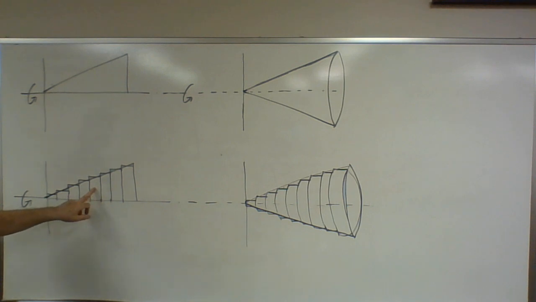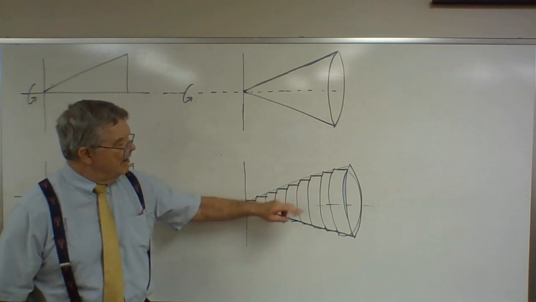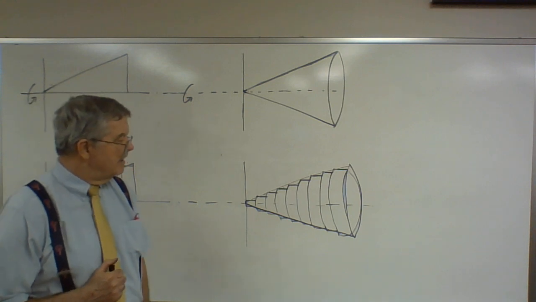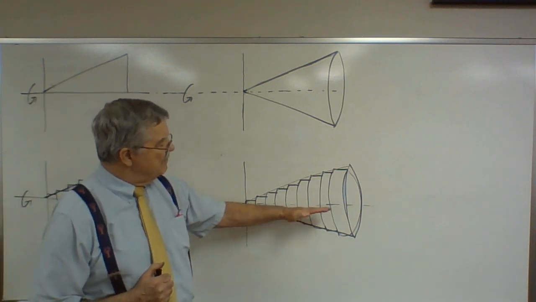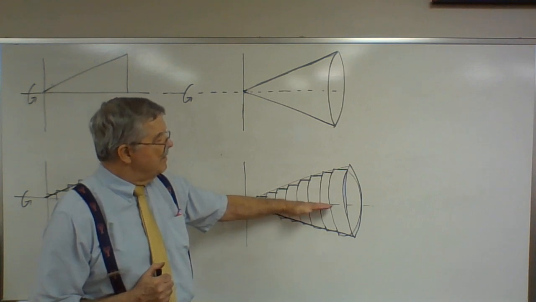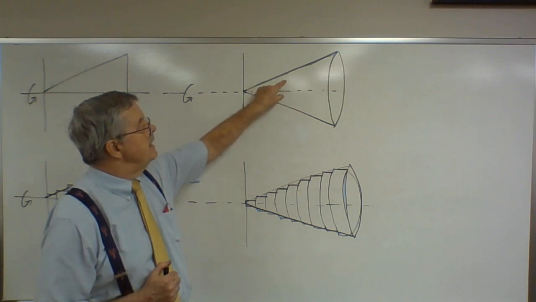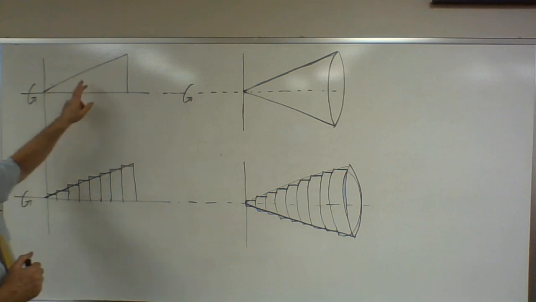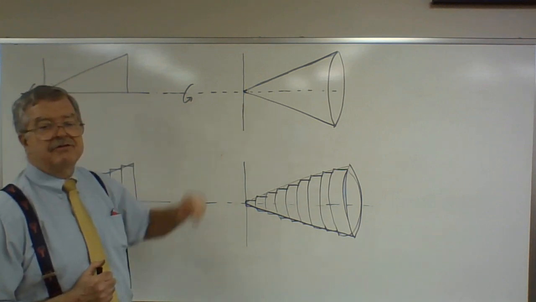So we revolve each of these rectangles about the axis of revolution to generate disks. We stack the disks side by side. And when we do, these disks form a solid that is approximately the same volume and the same shape as the solid of revolution that was generated by revolving this triangle about the axis of revolution.